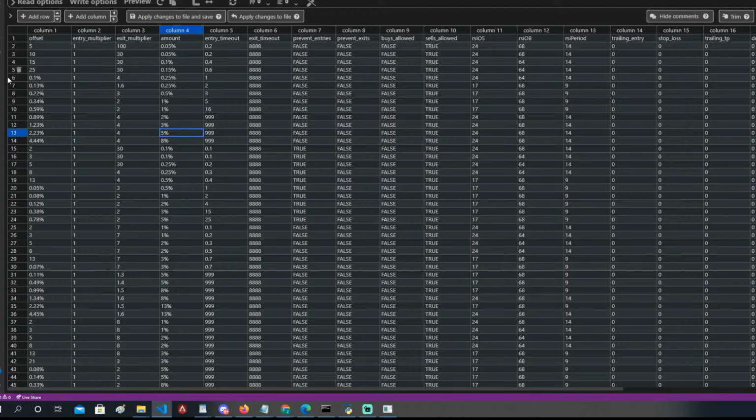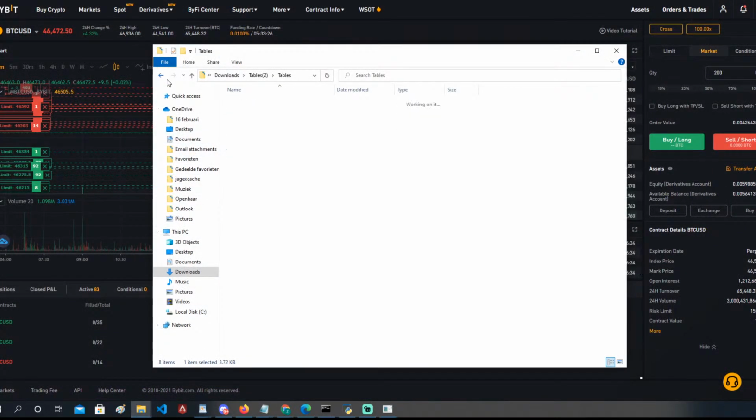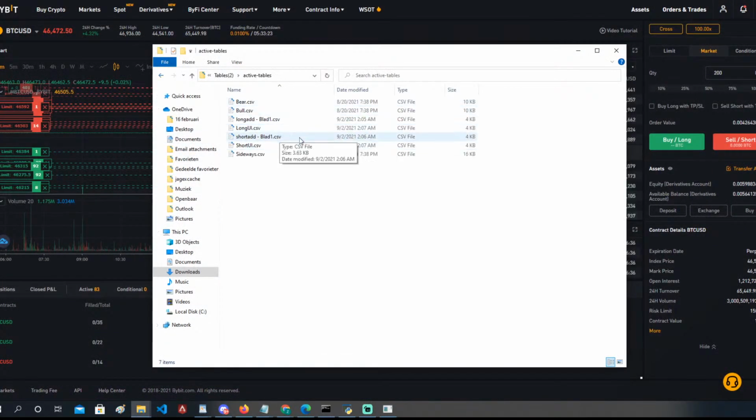So these are more dynamic tables. They will grow with the trend as price goes up or down, and they will also grow and compound onto your profits if your account balance grows. So these are the new tables. You guys can start running these, but they will be less aggressive because they are based on your balances. And these tables, if you run them on low balances, they will be very aggressive, right? So whatever you want to choose. Do you want percentages or do you want dollar amounts?